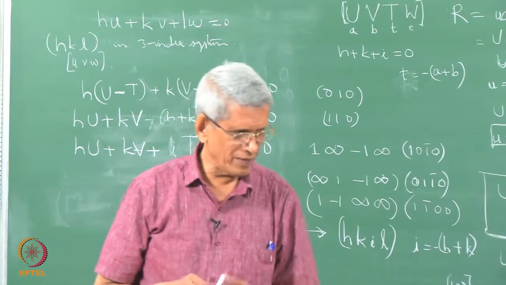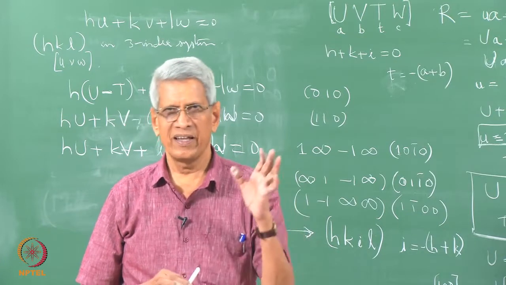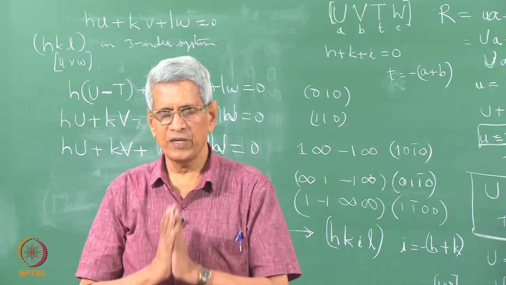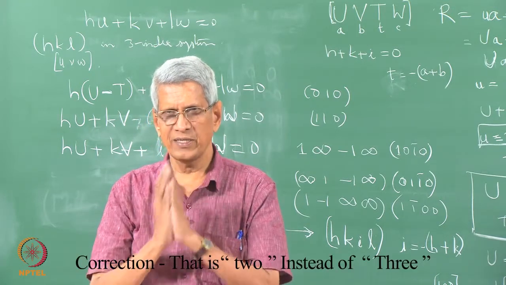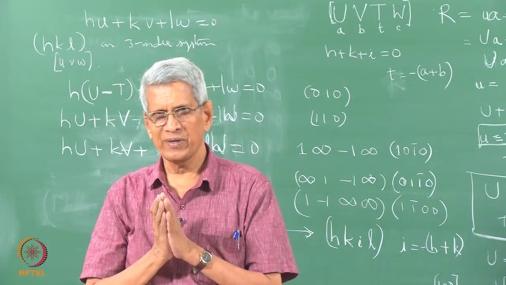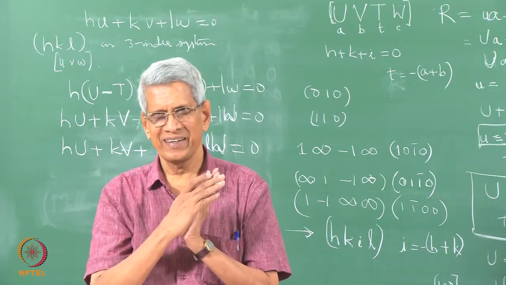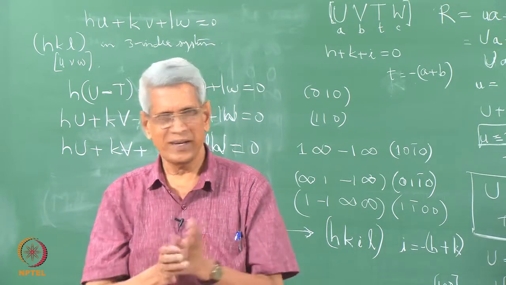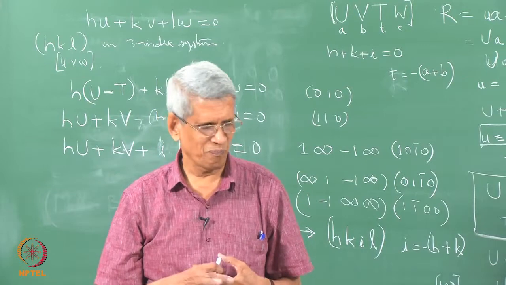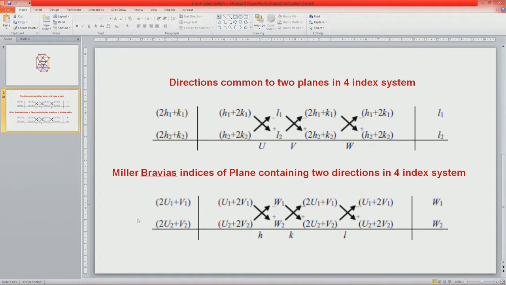Suppose the planes are given in a 4 index system, and we want to find the common direction in a 4 index system. The way we can go about it is to convert each of these planes into the 3 index system, and then find out, using the zone law, the directions corresponding to that. And then when you know the direction, using this formula we can convert it back into a 4 index system. The same thing is given in this slide also.